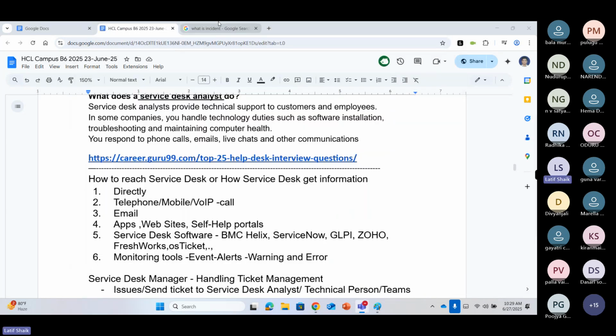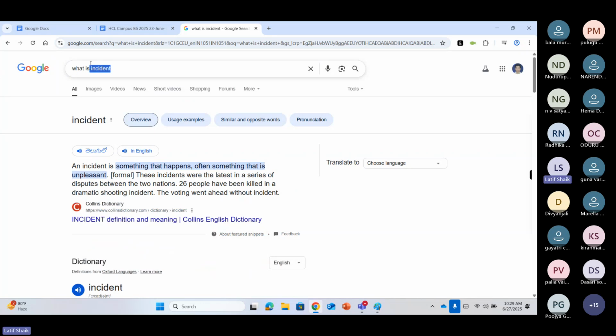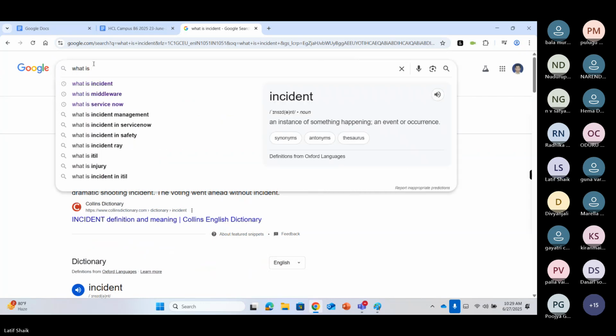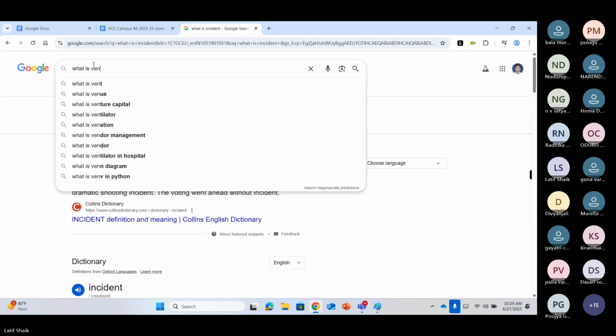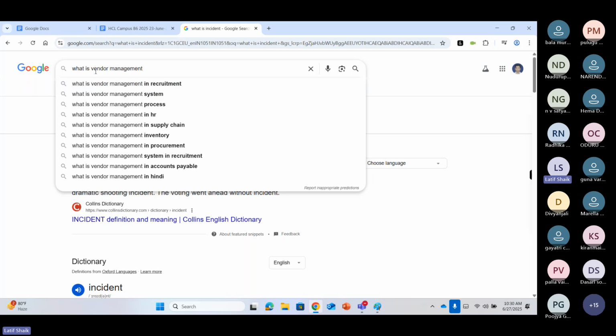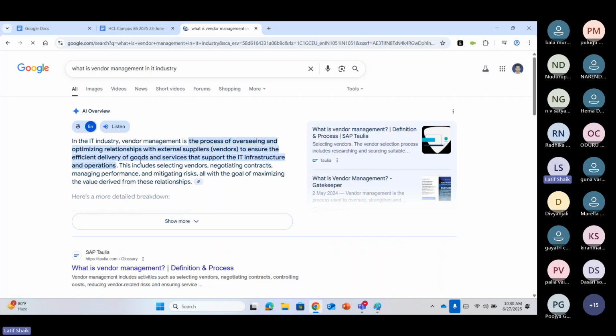What is a vendor? If you search in Google, you will get vendor management in IT: the process of overseeing and optimizing relationships with external suppliers, vendors, to ensure efficient delivery of goods and services that support IT infrastructure and operations.